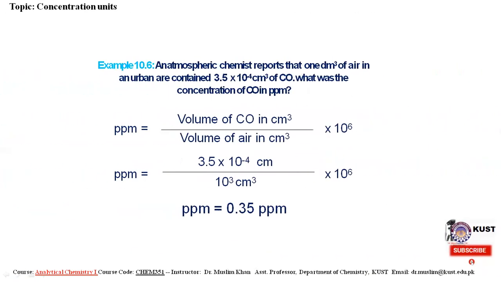So coming to the example of ppm, for example, an atmospheric chemist reports that 1 cubic decimeter, 1 liter of air in an urban area contained 3.5 multiplied by 10 raised to the power minus 4 cubic centimeter of carbon monoxide. What was the concentration of carbon monoxide in ppm?